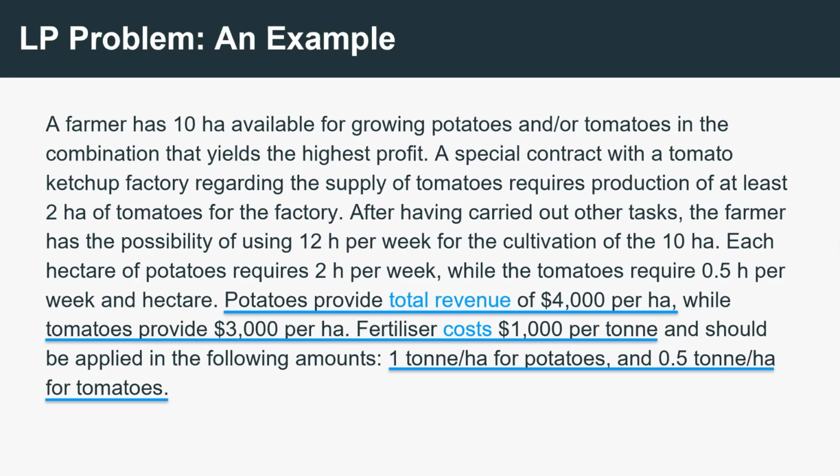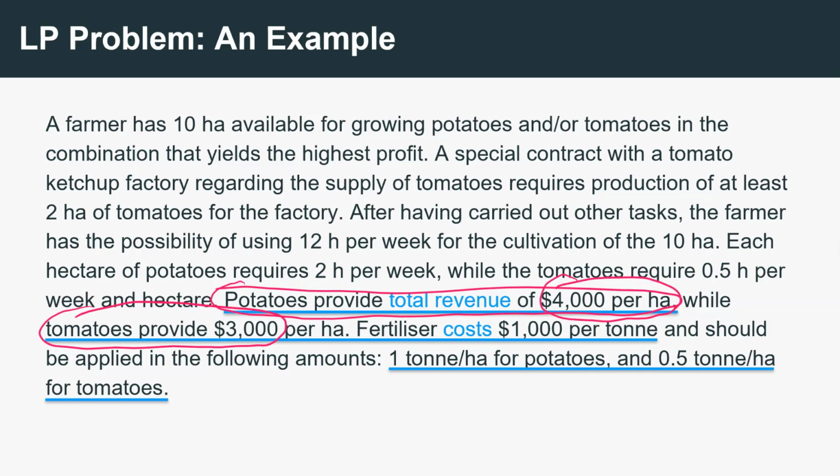If you read the problem again, you can probably tell that this sentence is saying that the revenue that the producer can get from producing potato is 4,000 per hectare, and the revenue from producing tomato is 3,000 per hectare.